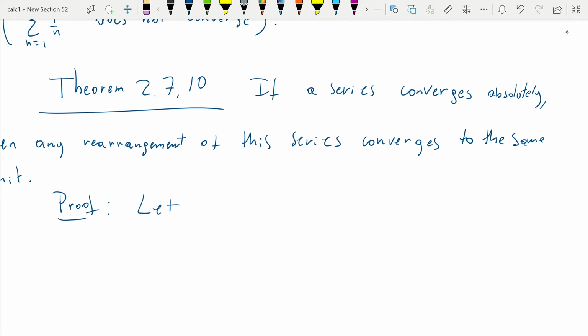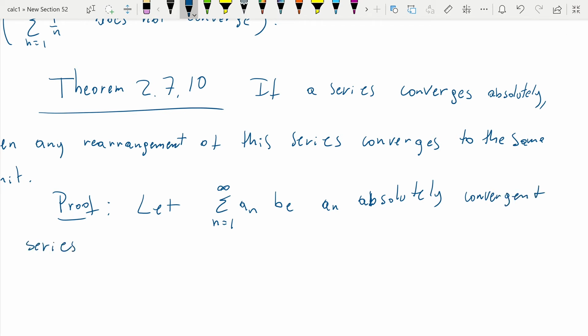Let's just immediately introduce a series, the series of the a sub n, n equals 1 to infinity, be an absolutely convergent series.